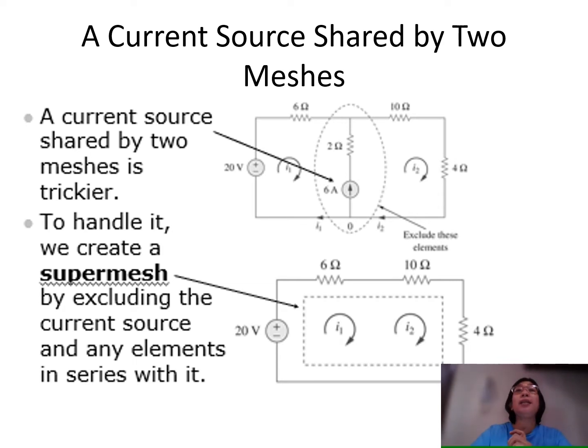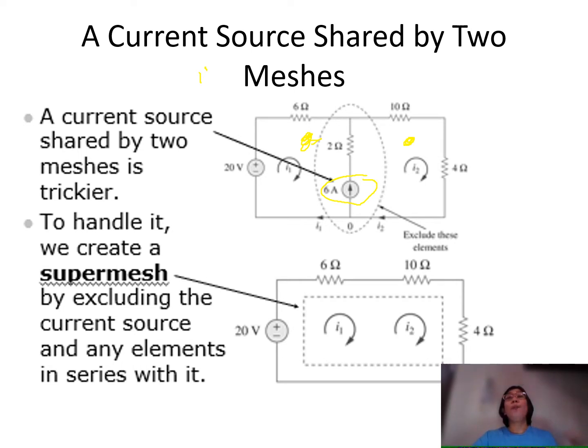In this case, you can see that we have two meshes. This is our mesh number 1 and this is our mesh number 2. And between mesh number 1 and 2, we have a current source. A current source shared by two meshes is trickier, although it will be easier in our equation, but we have to look at this more closely.